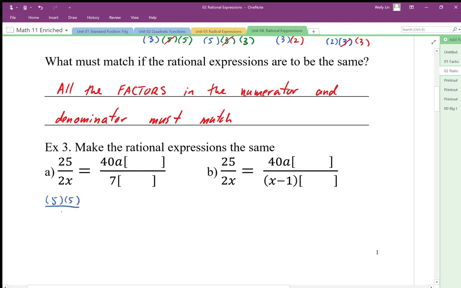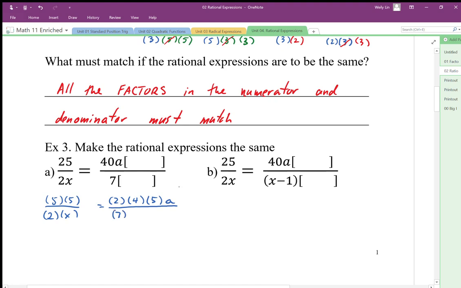It's going to be 5 times 5, 2 times x. Here this is going to be 2 times, let's write this as 2 times 4 times 5 times a, and this is 7 here.